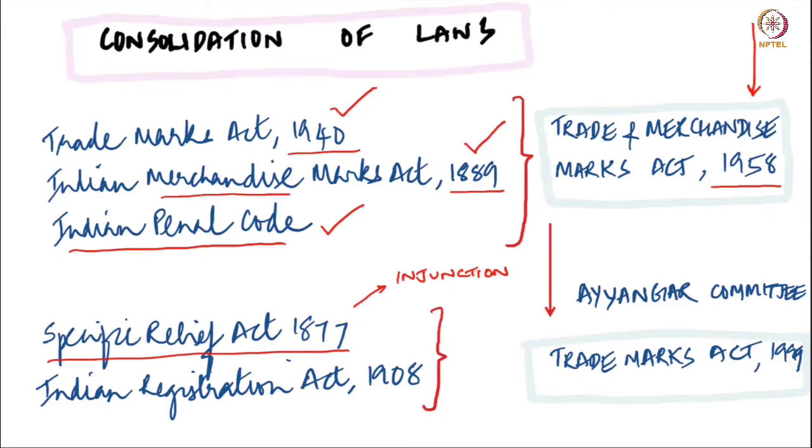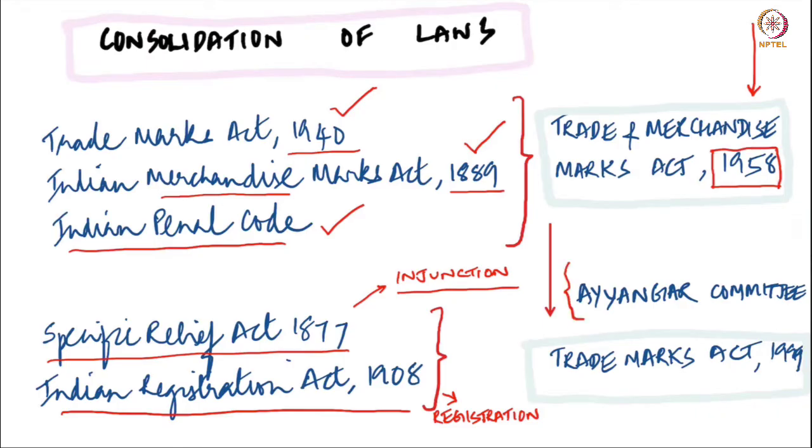So, you could get an order from the court to injunct the person from using that mark. And anything that pertained to registration was covered by the Indian Registration Act. So matters of registration were covered by the Indian Registration Act 1908, and matters pertaining to infringement were covered by the Specific Relief Act.